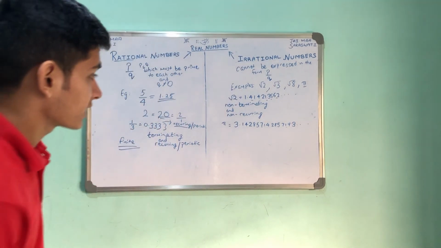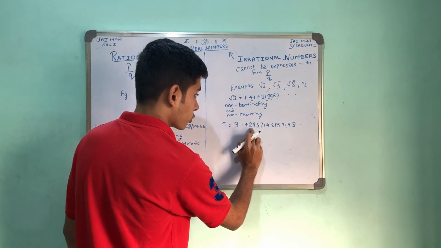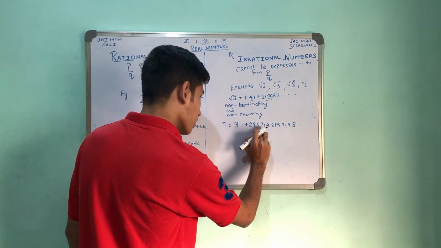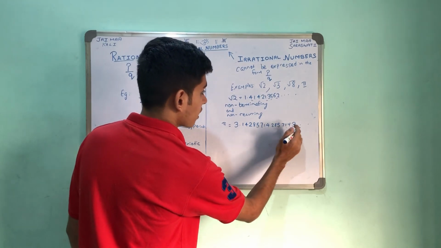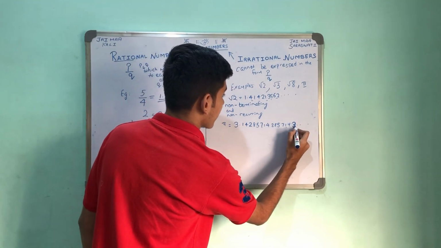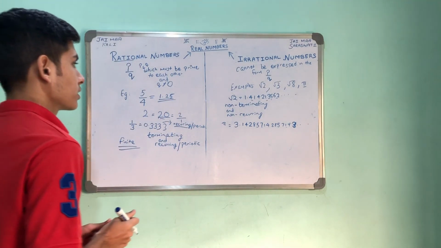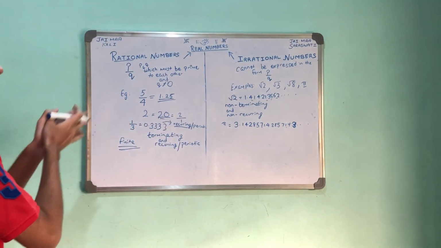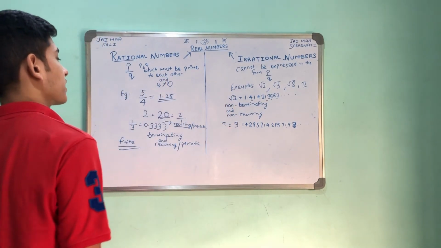No number after the decimal point repeats itself in the same manner. 142, but then the number becomes 14285, 143. So the number keeps changing, it doesn't get repeated, and it's endless. So that's the difference between rational and irrational numbers. That's how we identify rational and irrational numbers.